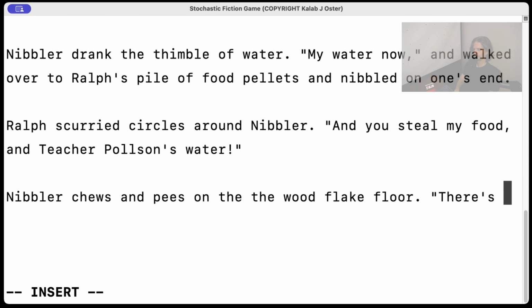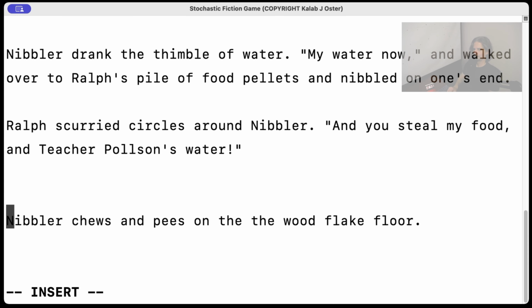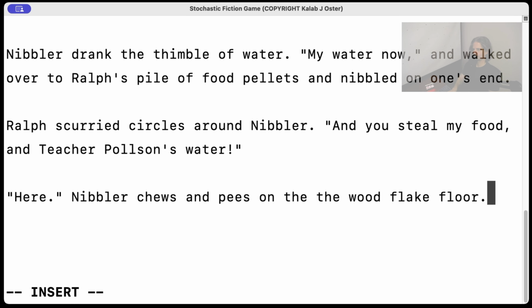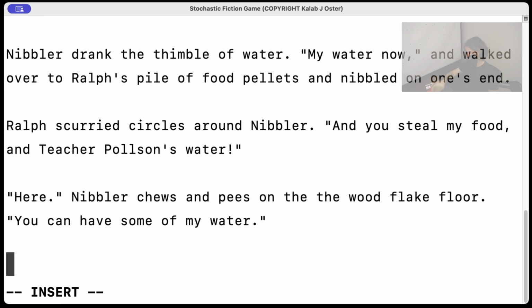There's your water. Here. You can have some of my water. I got it, she says with a mouthful of food.